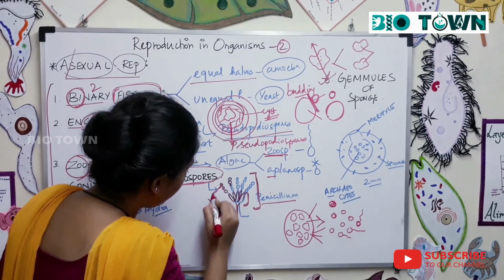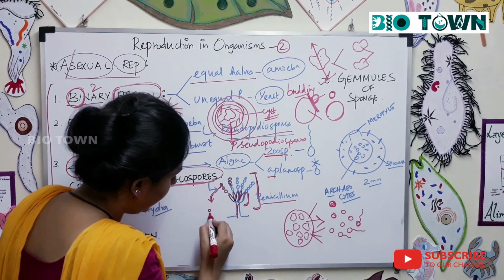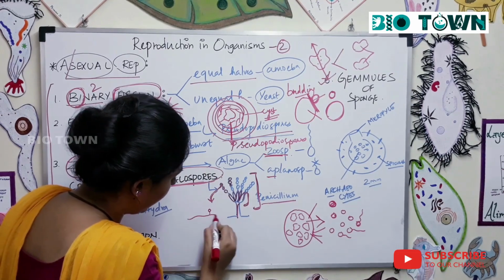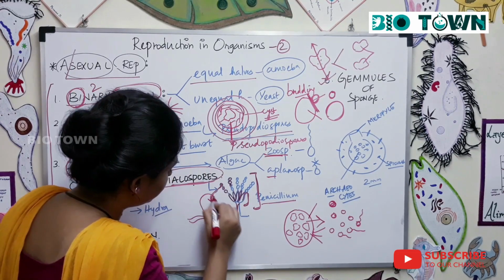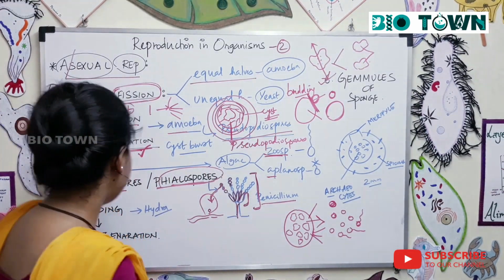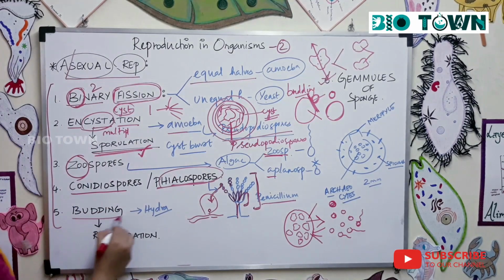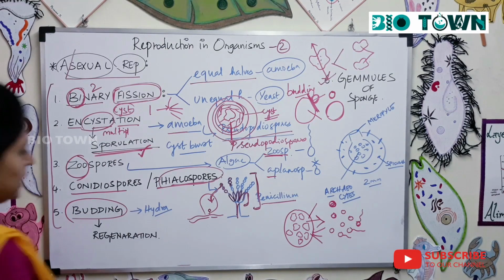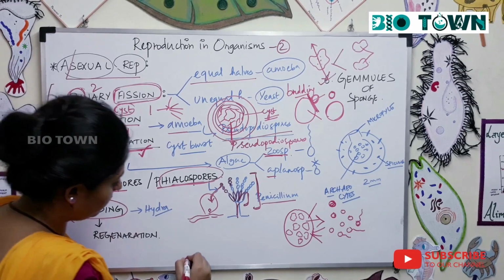Alright, and each of these spores wither and they start developing new hyphae and an individual penicillium colony, and that is conidiospores.